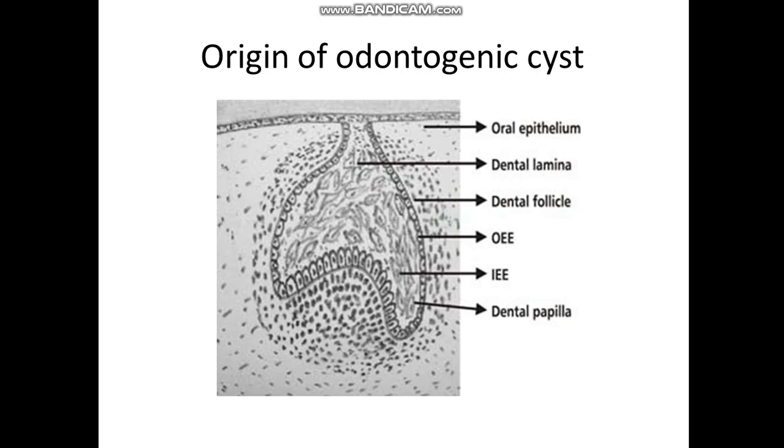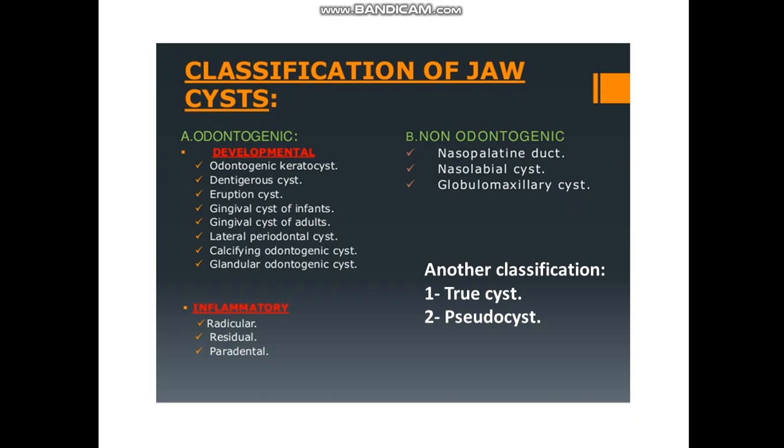So based on this information, we can classify the cystic lesion of the jaw into odontogenic or non-odontogenic. The odontogenic can be further classified into developmental, meaning due to the tooth development, which we will discuss later on, or inflammatory, due to inflammation or infection.